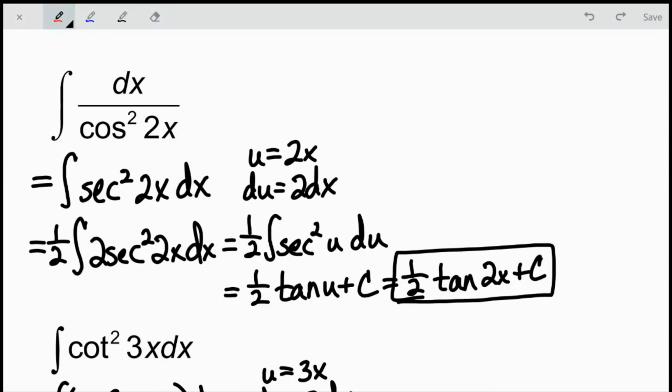And then from there, I can rewrite this as 1/2 integral secant squared u du. Antiderivative of secant squared is just tangent, and then do your back substitution. But a lot of you might see it here and go straight to that solution. And if you can skip the u substitution on these sometimes, that's totally fine. Really what it's supposed to be is a tool that aids you on the more complicated questions.